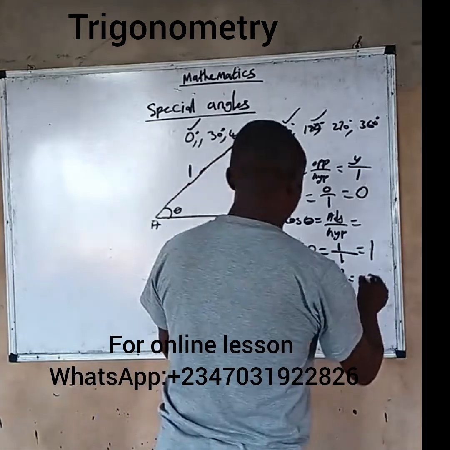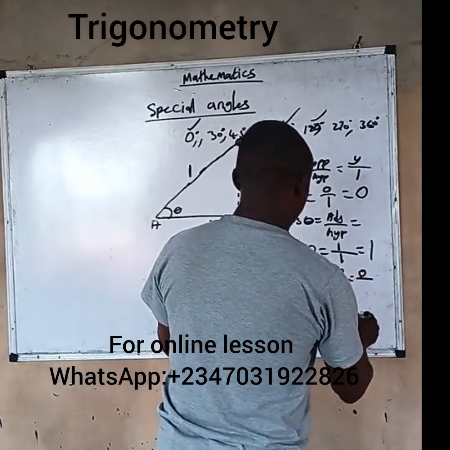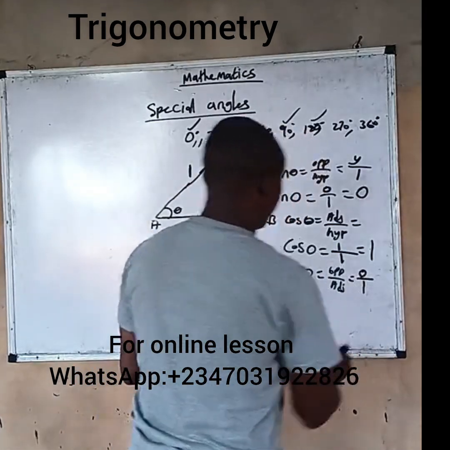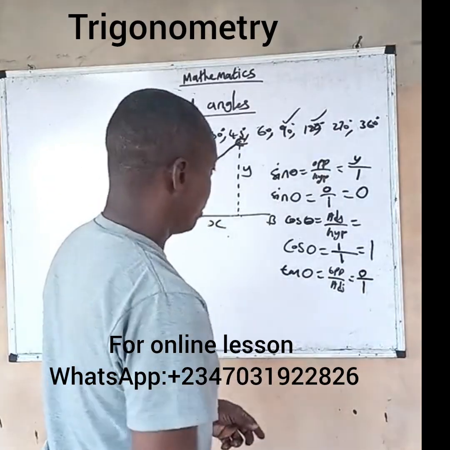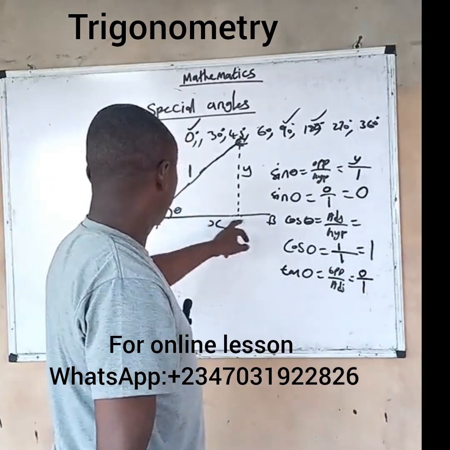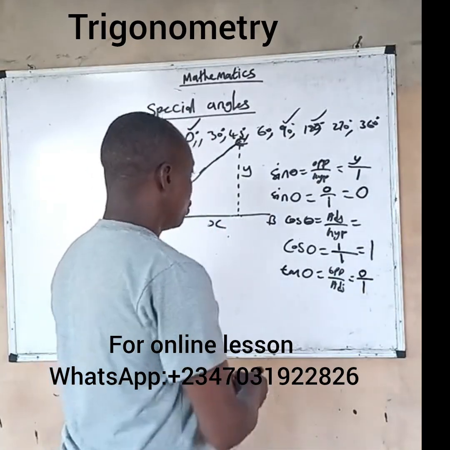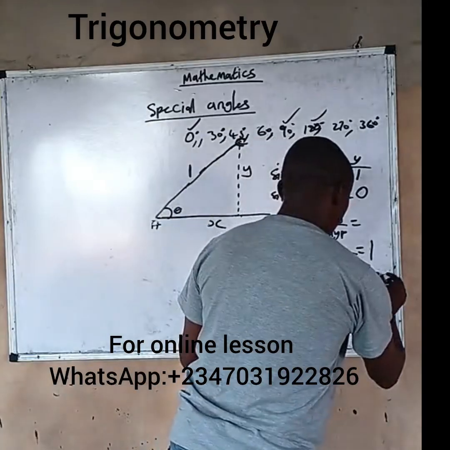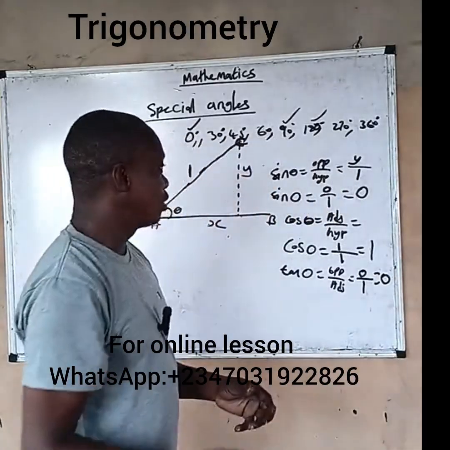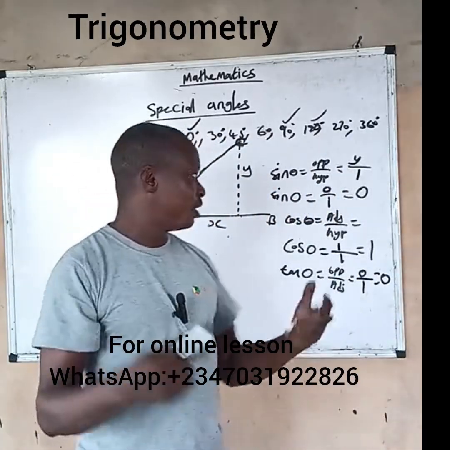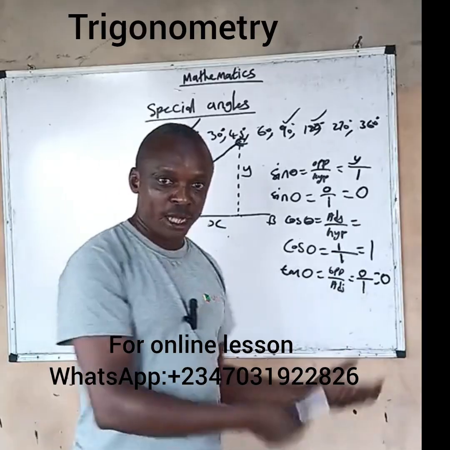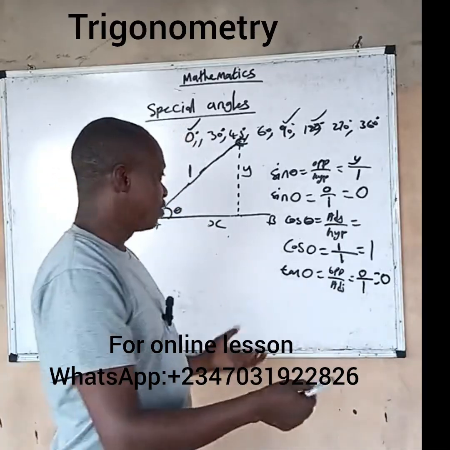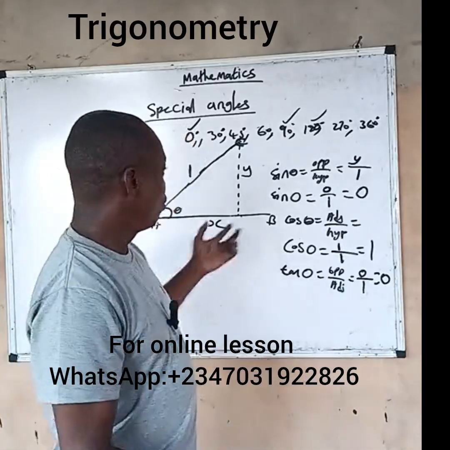So the opposite is 0 over 1. Tan 0 is 0 divided by 1, which is 0. So sin 0 is 0, cos 0 is 1, then tan 0 is 0. That is for 0 degrees.